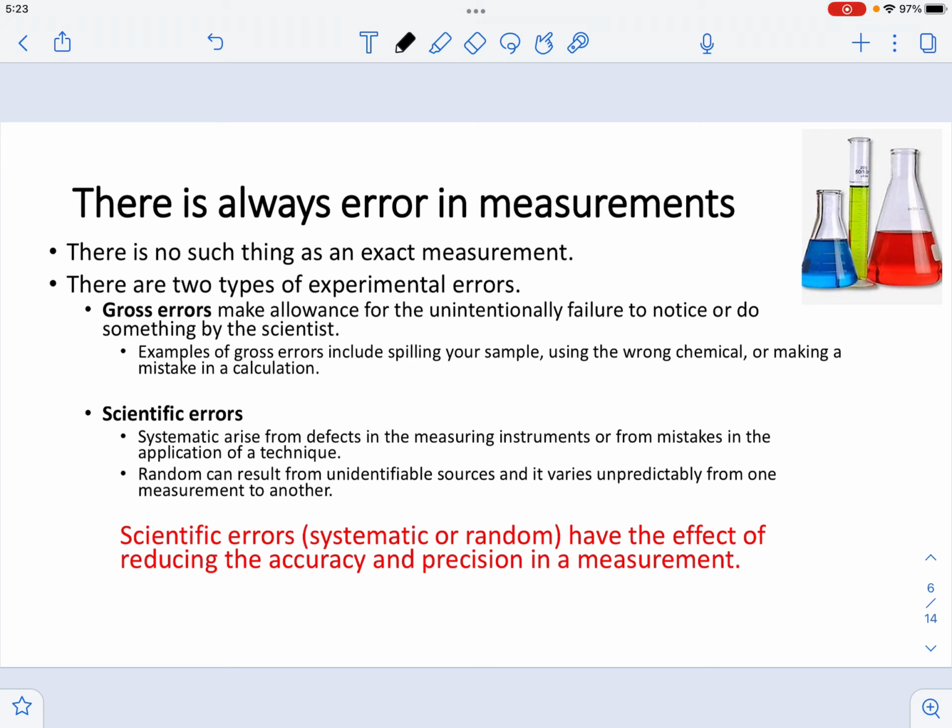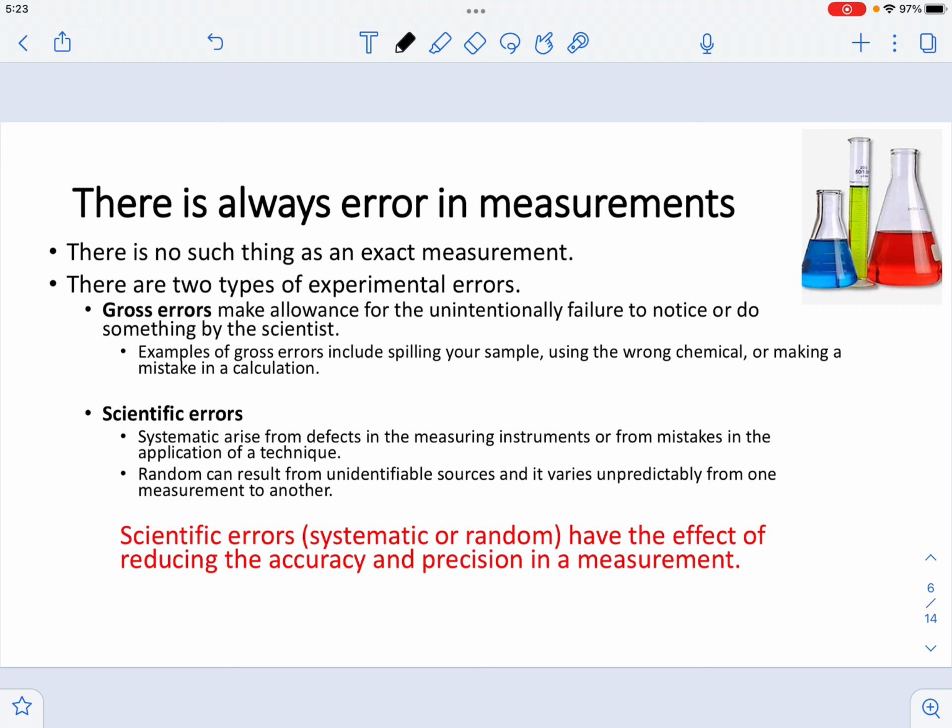Or let's say that you are trying to do a calculation and you make a mistake during calculations. All of those are going to be considered gross errors. At times, students utilize the term human error, but when it comes to the laboratory, those human errors, quote unquote, are what we call gross errors.